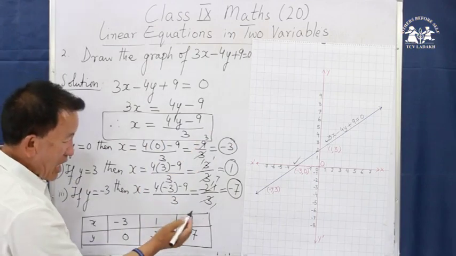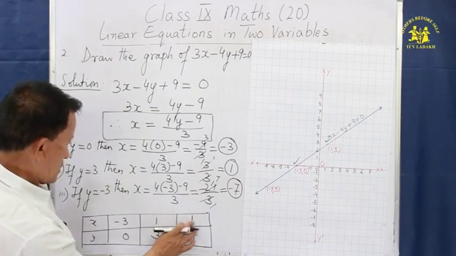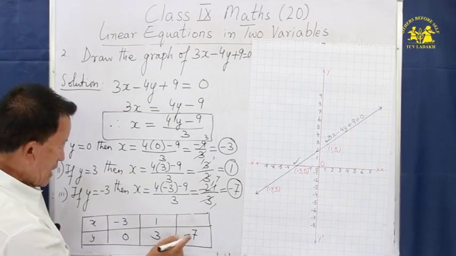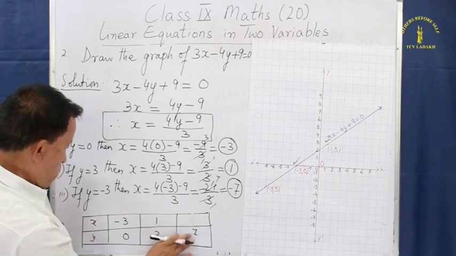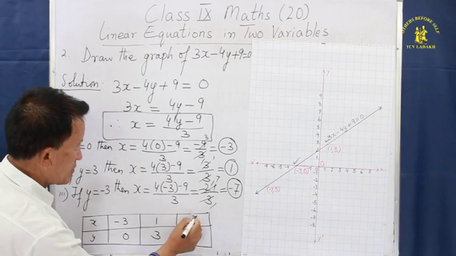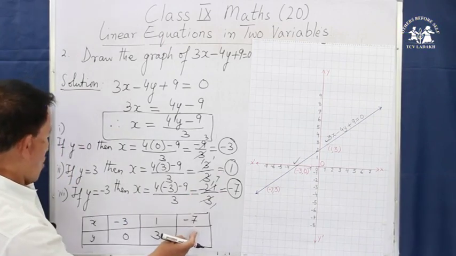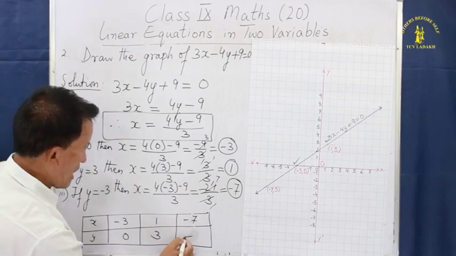So let's check. So if x is minus 7, then y is minus 3.